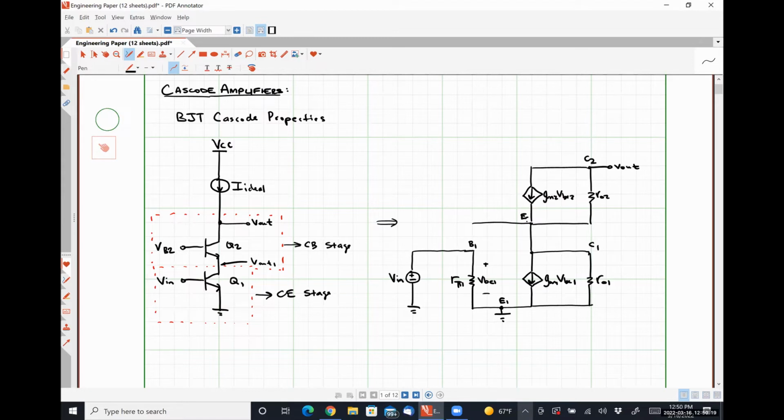This guy down here serves as the emitter of Q2. And then here I have r pi 2, VBE2, and E2. So are we okay with this small signal model?